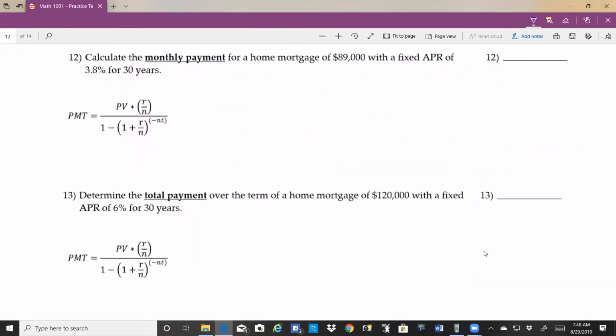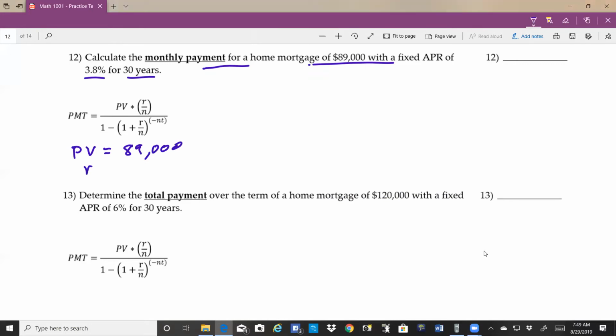Now we got two more payment problems. One is find the monthly payment for a home mortgage of $89,000, interest rate of 3.8% for 30 years. So our PV is 89,000.